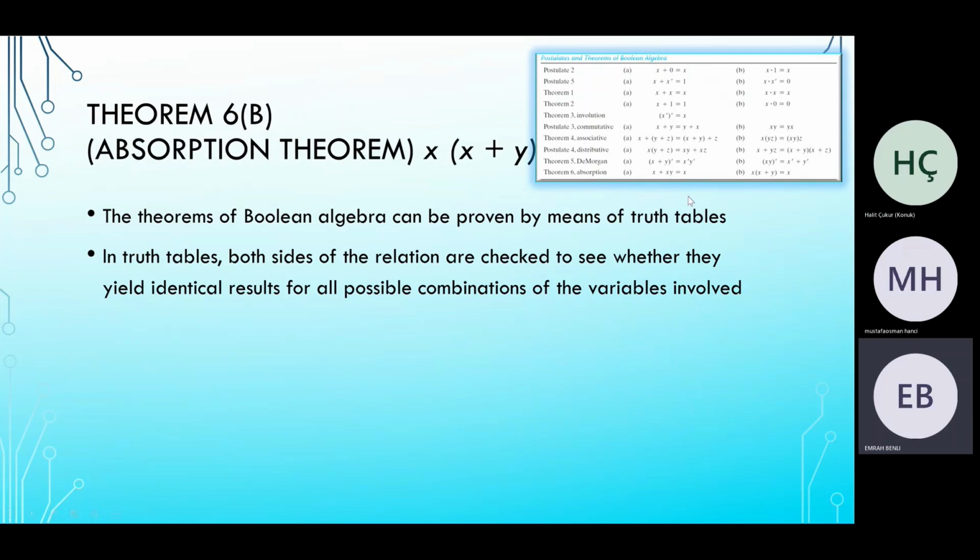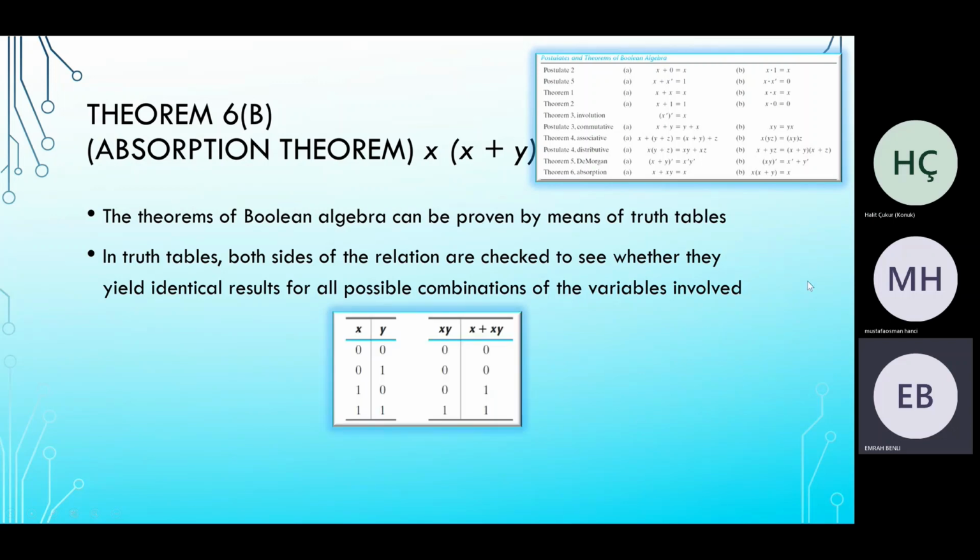When we prove it, we will show that the output of x in the truth table will be equal to the output of the left side of the equation. So here we have x 0 0 1 1, y 0 1 0 1.